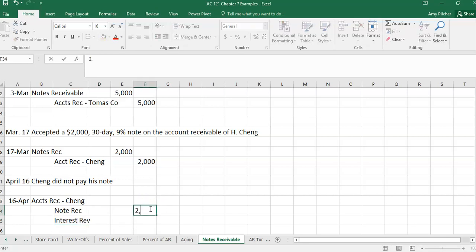So we have the note receivable of $2,000, and the interest revenue on that is $2,000 times 9% times 30 days divided by 360 days.